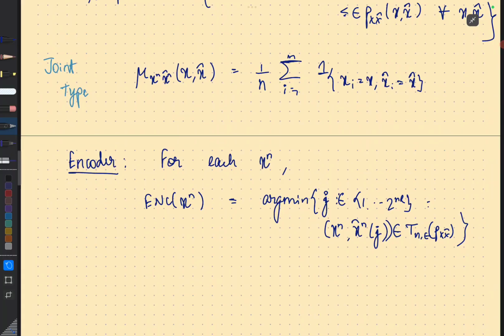That's it. Now this is different from the optimal encoder. In the optimal encoder, I would map each sequence to the closest code word in the code book, closest in terms of distortion. Here, you find the first code word that is, loosely speaking, within distortion D of the corresponding source sequence, which could be suboptimal, but that's still okay.